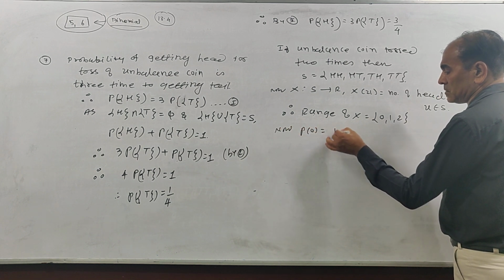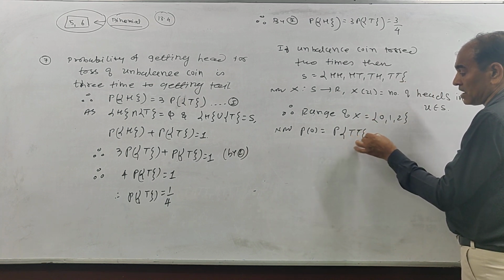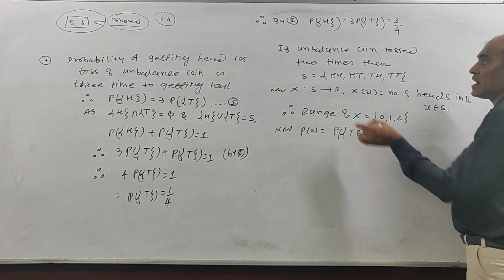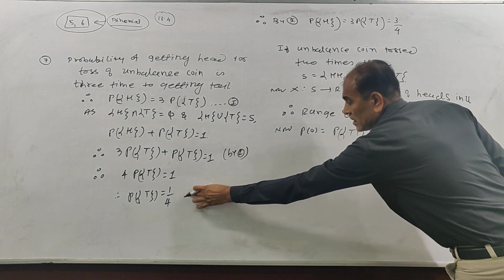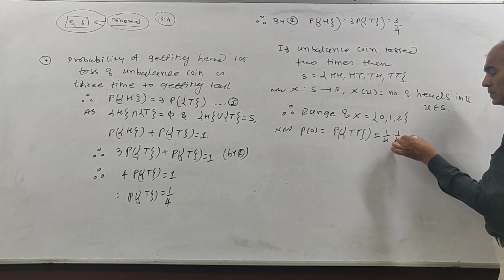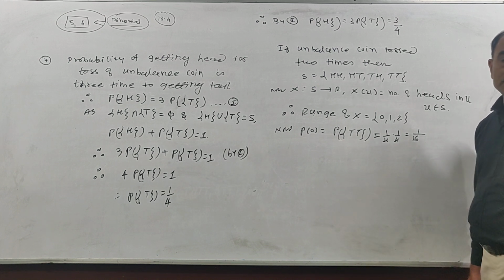What is P of 0? It is nothing but TT: on the first trial it is tail as well as on the second trial it is also tail. 1 by 4 times 1 by 4 comes out to 1 by 16.